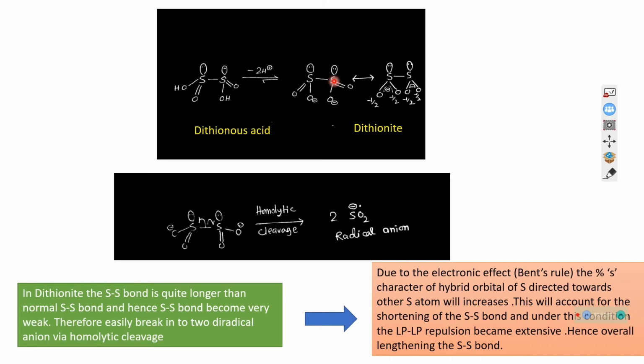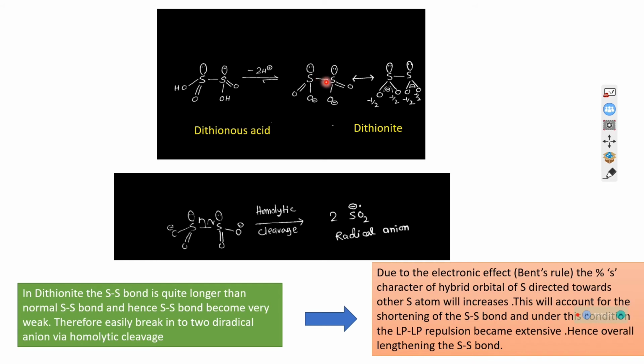So the hybrid orbital of this sulfur atom directed towards this oxygen has less s character, and so we can say the hybrid orbital of this sulfur atom directed towards the other sulfur atom has greater s character. So as a result, this bond becomes short and these two sulfur atoms come close to each other.